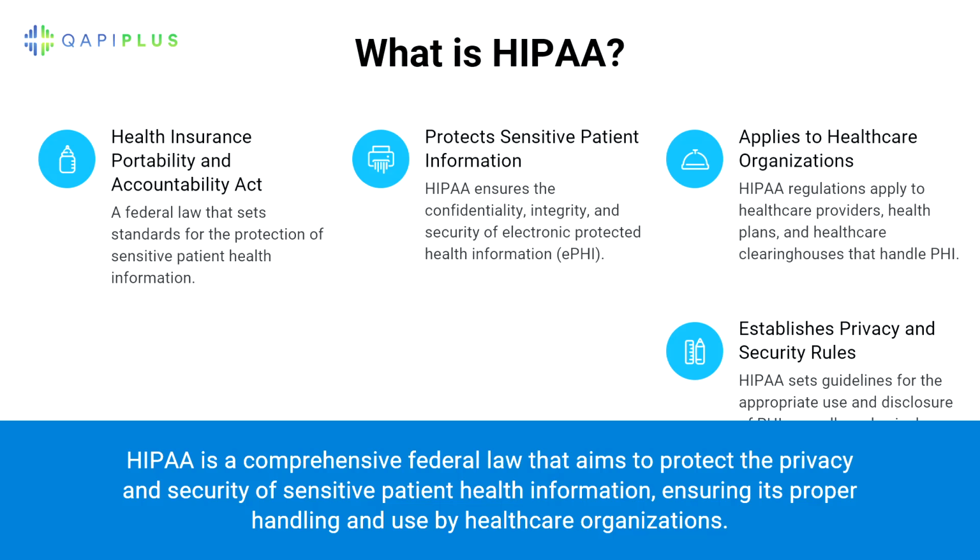As we've evolved even more into electronic platforms, the regulations requiring the following of HIPAA touch on confidentiality, which we've been talking about, data integrity and security, and how that electronic health information is protected.